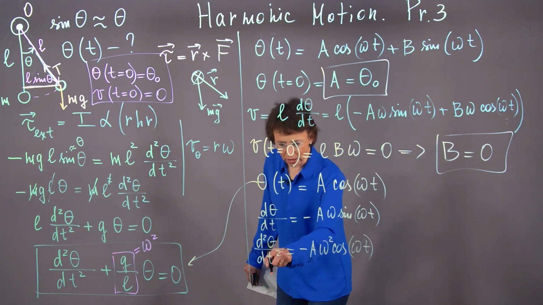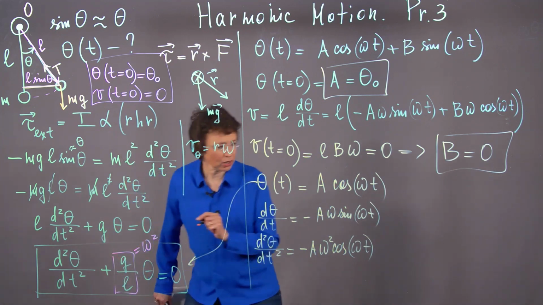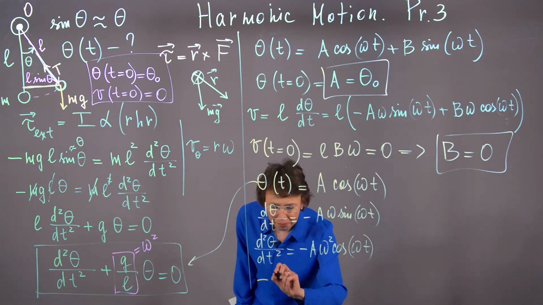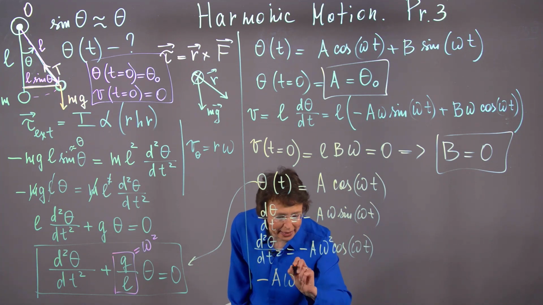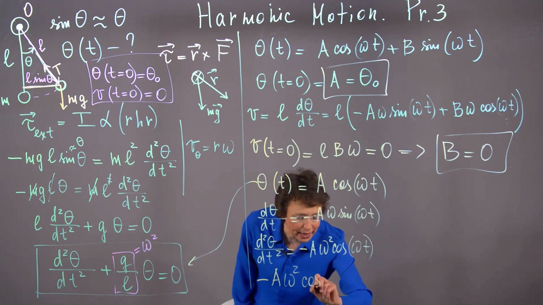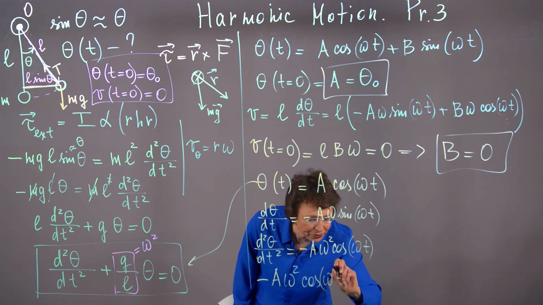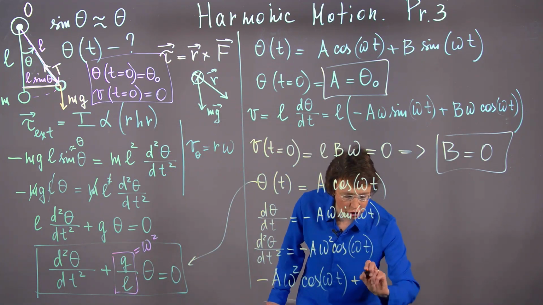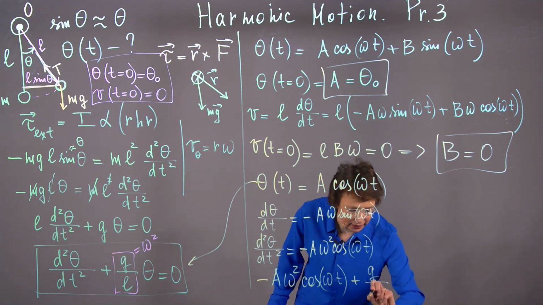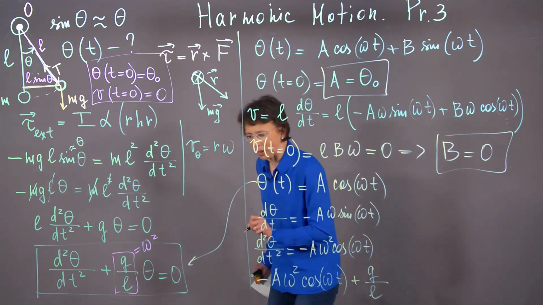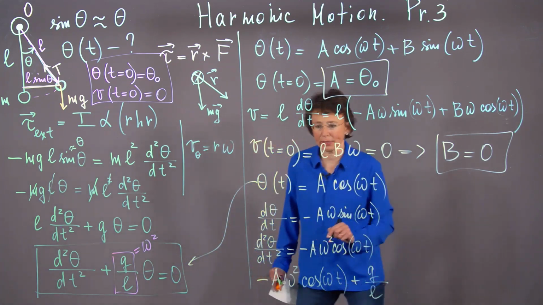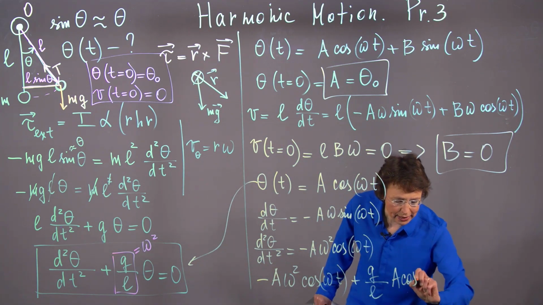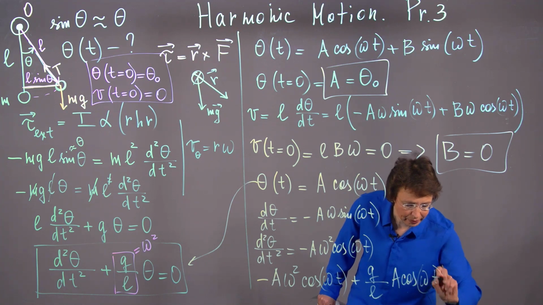And now d2 theta dt squared goes into this equation. We have minus, can you see it? Yes, minus A omega squared cosine omega t. This is the first guy, plus g over L. I pretend that I don't know what omega is. g over L times theta, which is A cosine omega t.